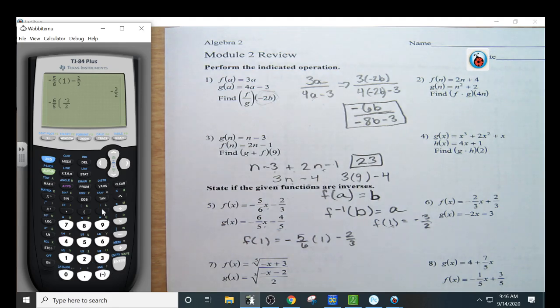So I plug that in. So -6 times 5 times -3/2 minus 4/5.